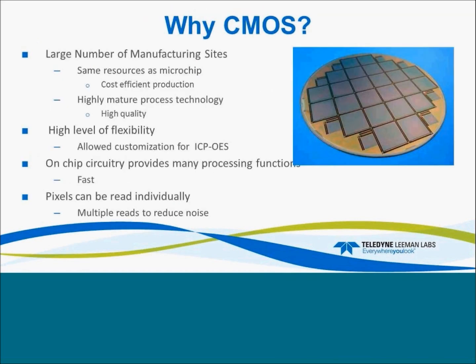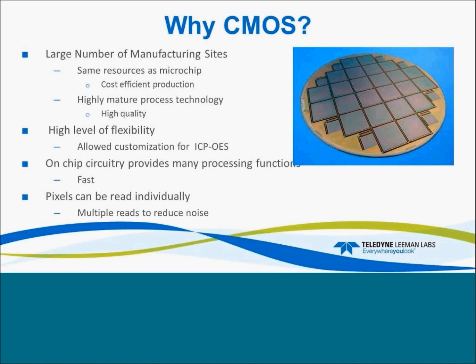Why? One advantage of CMOS too is that it has a large number of potential sites. Approximately 90% of all the foundries or wafer foundries that make these types of integrated chips can handle CMOS technology. It uses the same resources as any microchip, so there's very cost-efficient production.